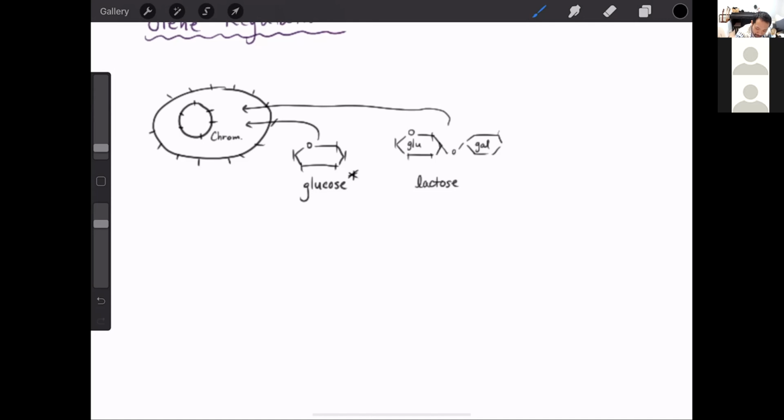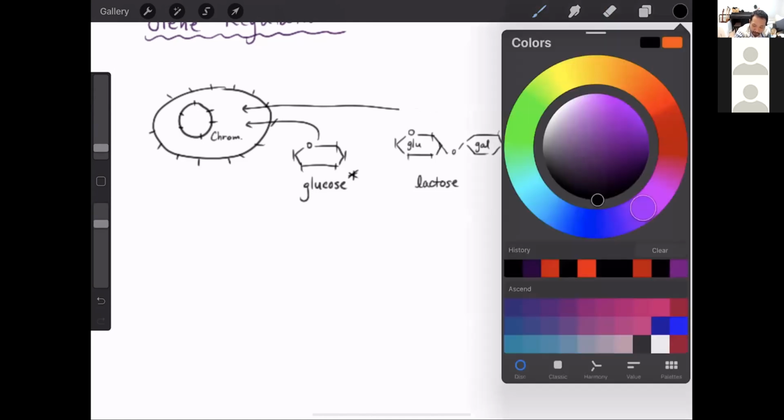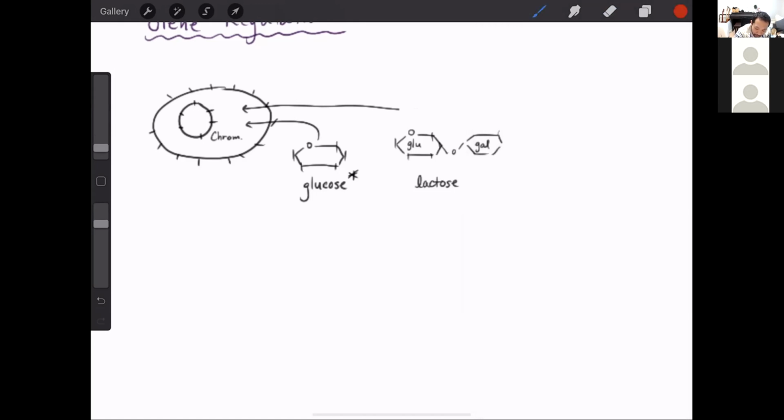Yeah, I absolutely agree with you, and we can be a little more specific. To digest lactose, we have to cut lactose in half first to free up the glucose, and then further modify galactose into something that looks like glucose so that we can put it into glycolysis. So glucose is much preferred, and lactose is secondary.